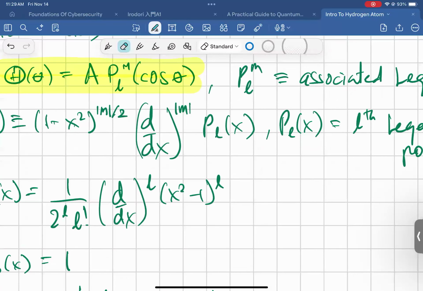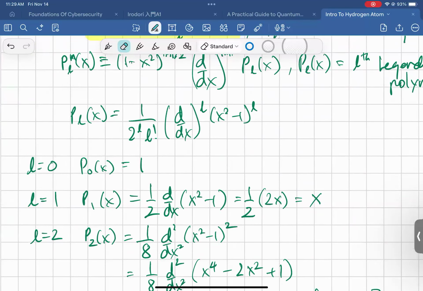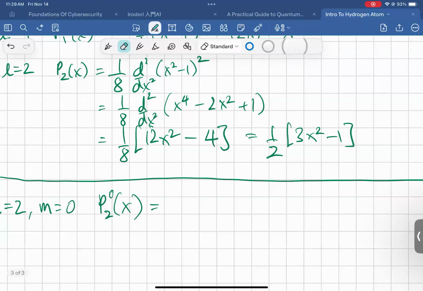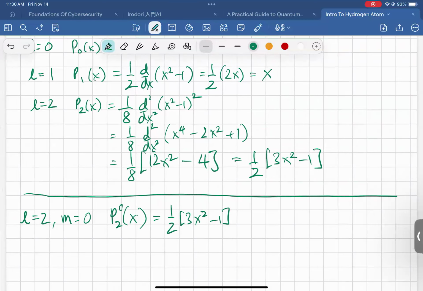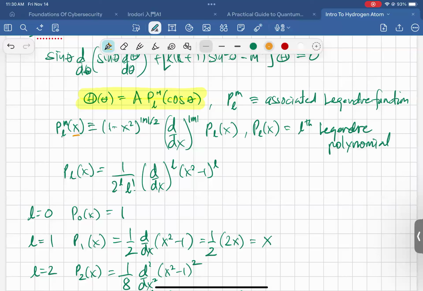And then 0th derivative ng PL of x. Ang P2 of x is 1/2 (3x squared minus 1). Now remember na yung solution is in this form. So ang gagawin nyo lang basically is lahat ng x dito, papalitan nyo lang ng cosine theta.